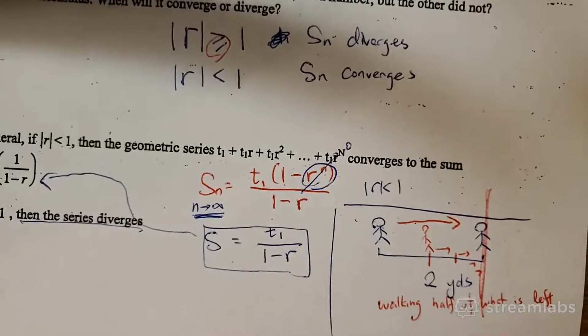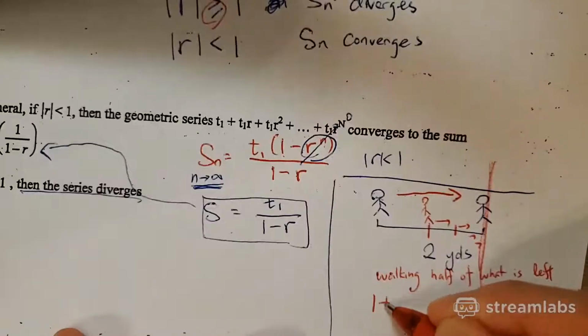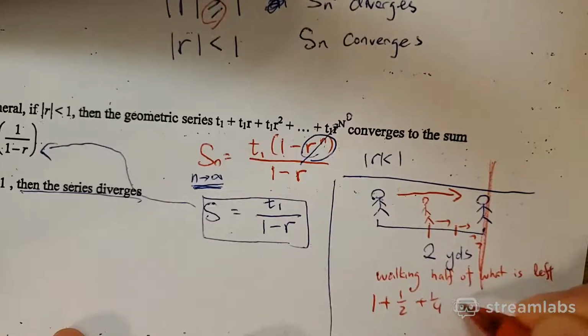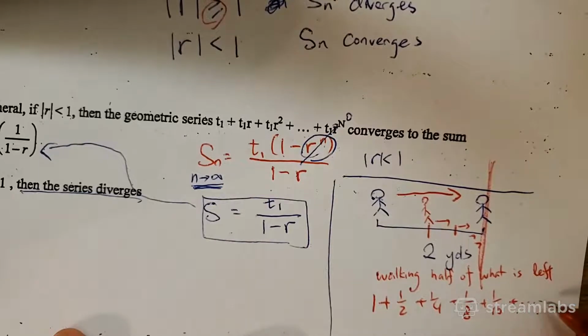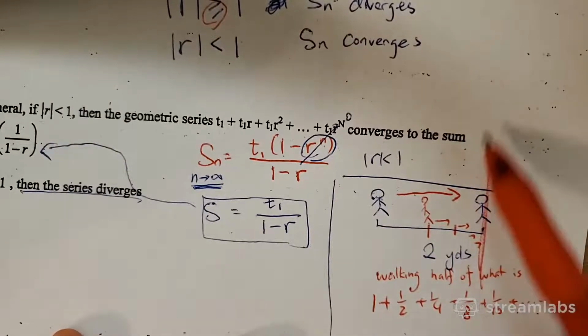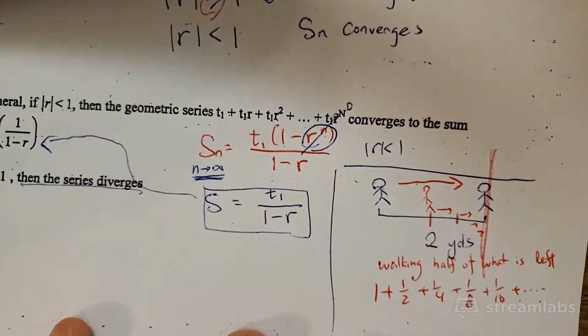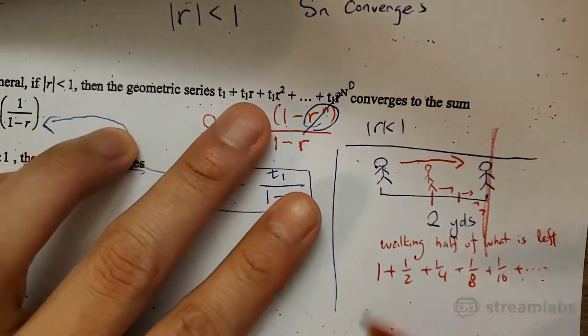Okay, so the sum will look like this: 1 plus 1/2 plus 1/4 plus 1/8 plus 1/16 plus and so on. Even though I keep walking, I will never actually reach here until the end of the days, which is infinity. Why?